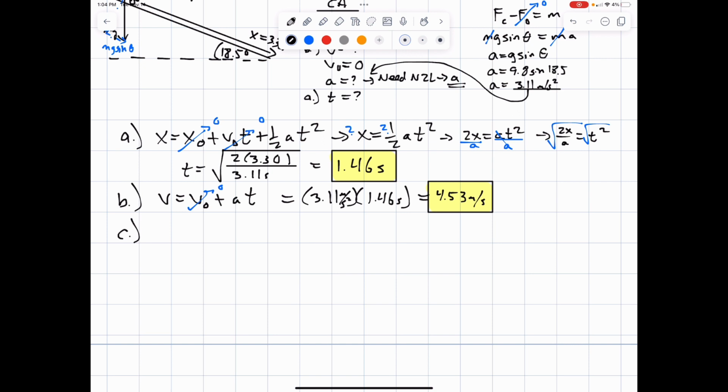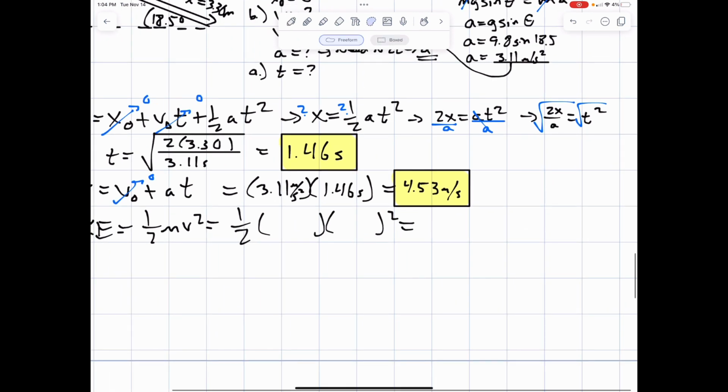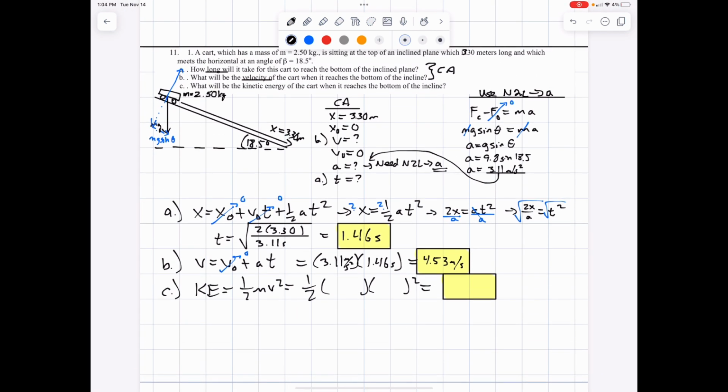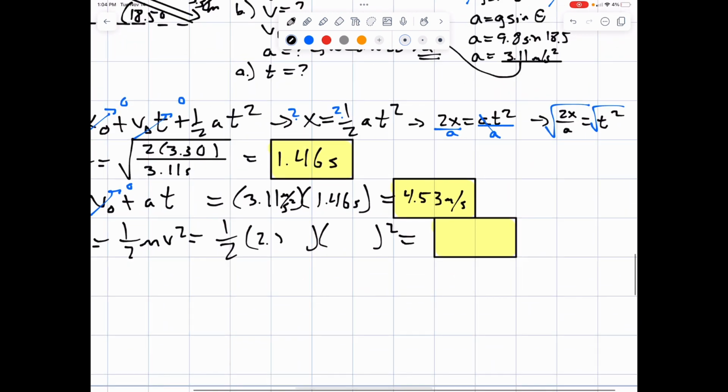Then finally it says, what is the kinetic energy of the cart when it reaches the bottom? So we're going to go 1/2 times 2.5 times 4.53 squared.